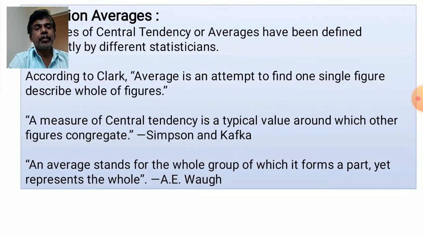And a measure of central tendency is a typical value around which other figures congregate. This is another definition, which had been given by Simpson and Kafka. According to Simpson and Kafka, an average refers to a measure of central tendency.